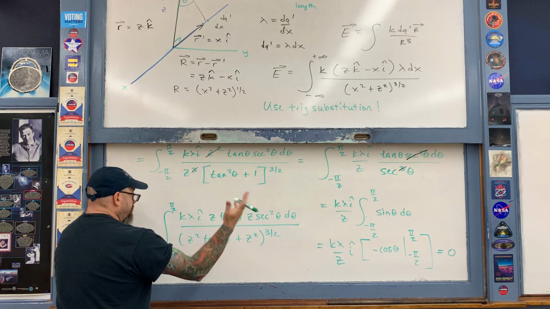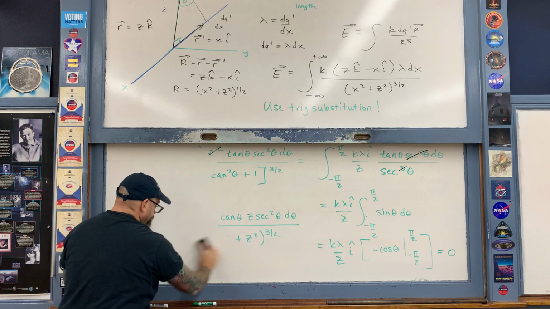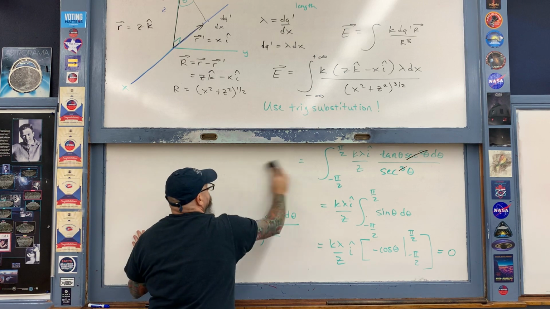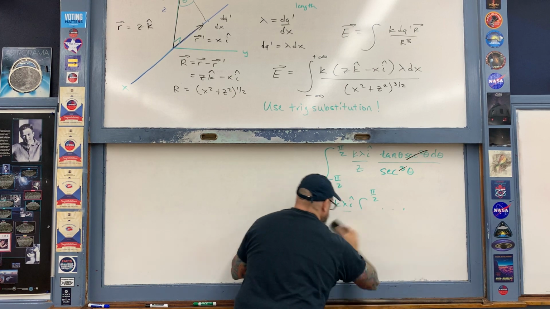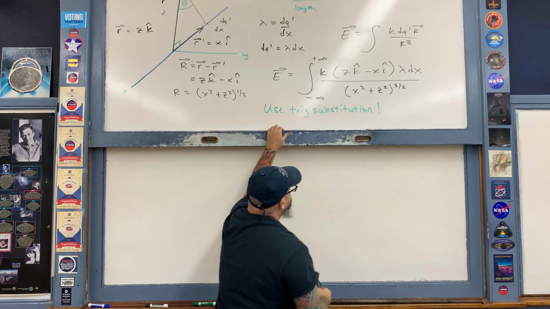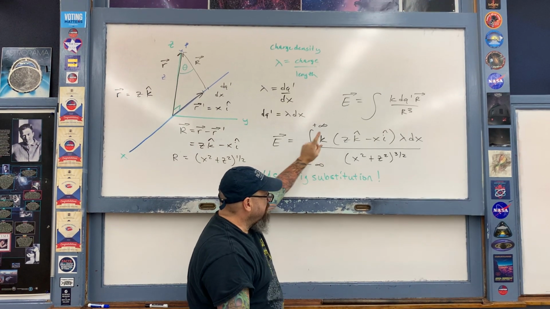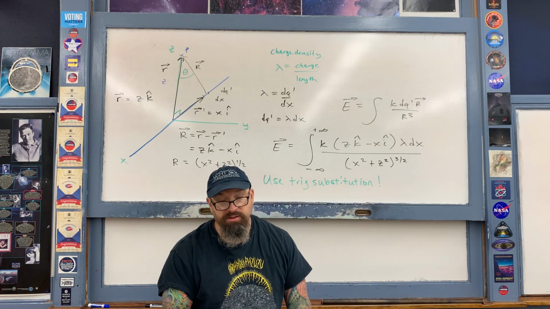Okay, so then where am I at this point after all of that? Well, let's go ahead and erase. And then if we jump back up to here, we already know that the i hat integral is gone. The i hat integral is equal to 0.